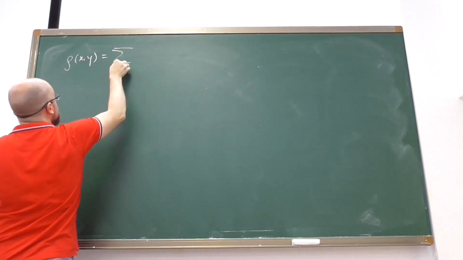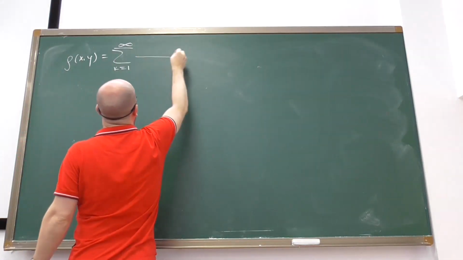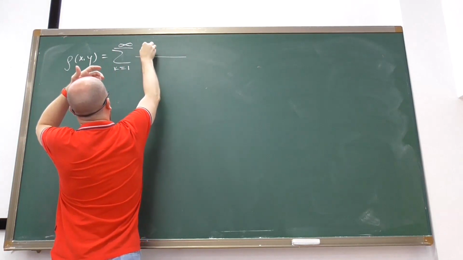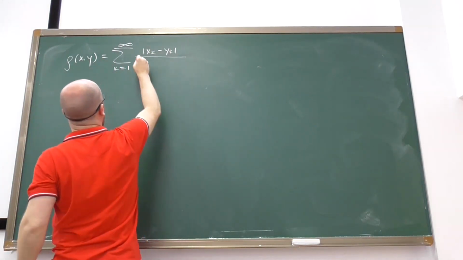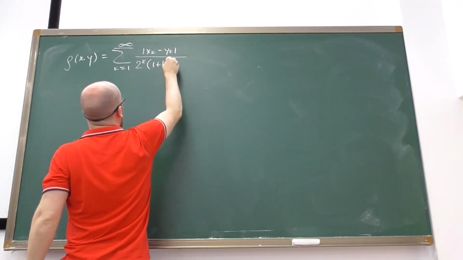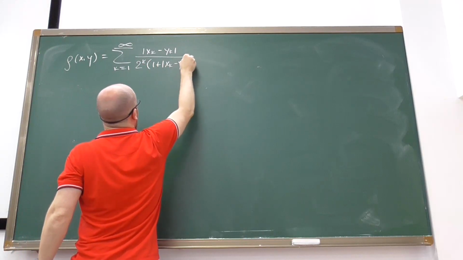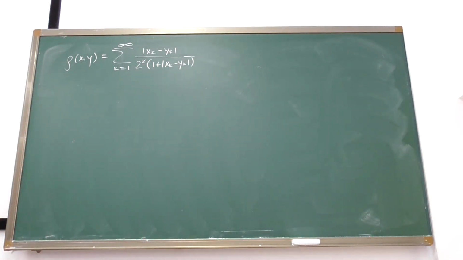So we take an infinite sum over all coordinates and we introduce a metric in this fairly fancy way.